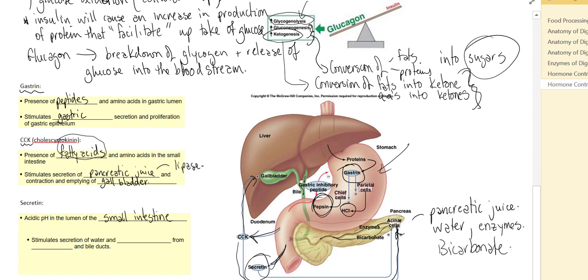And so this bicarbonate is effective at maintaining the pH, acting as a buffer, right? Maintaining the pH of the small intestine at around 7.8 so that these enzymes, trypsin, lipase, etc., can function properly. And of course, secretin stimulates the secretion of water and bicarbonate from the pancreatic and bile ducts.